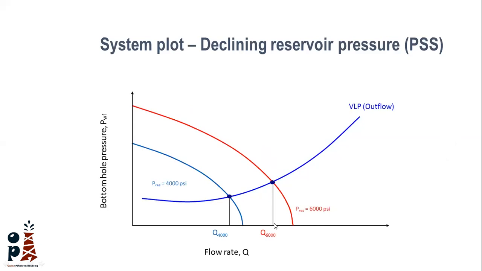So I can understand now what is the initial rate and what will be the rate when the reservoir pressure declines. And this, as we will see later, can help me to diagnose certain problems happening. For example, there is a decrease in the rate. Is this reduction because there is a problem in the reservoir, or it's a normal decline in reservoir pressure?